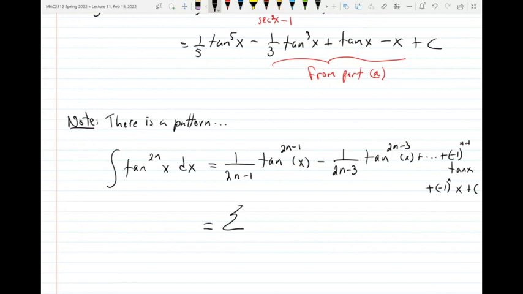So let's see, that would be k going from 1. That's 2n minus 1, then 2n minus 3.